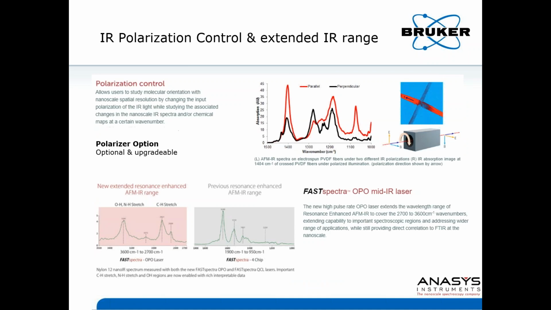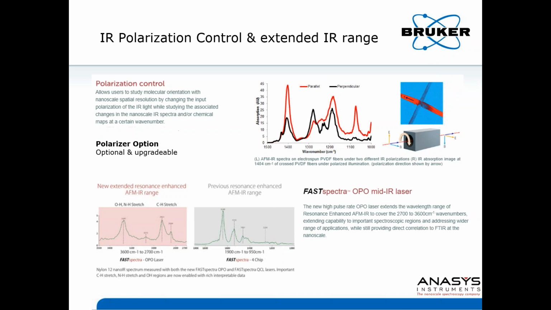The other thing that's important, and Curt will be going into this in a bit more detail, is polarization control. It's a very useful capability. Recently, a paper was released giving numerous examples of polarization control.